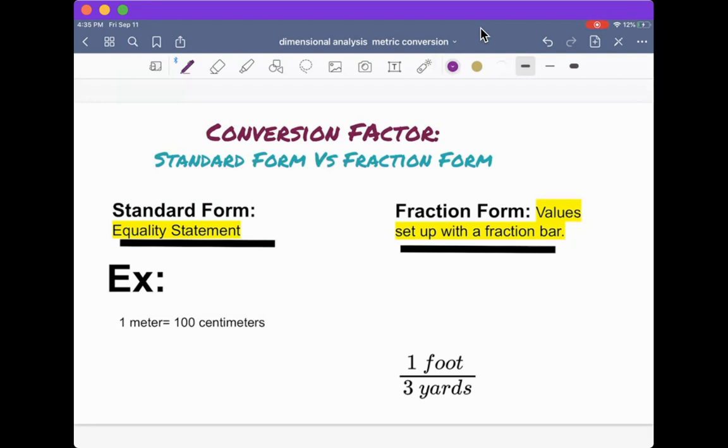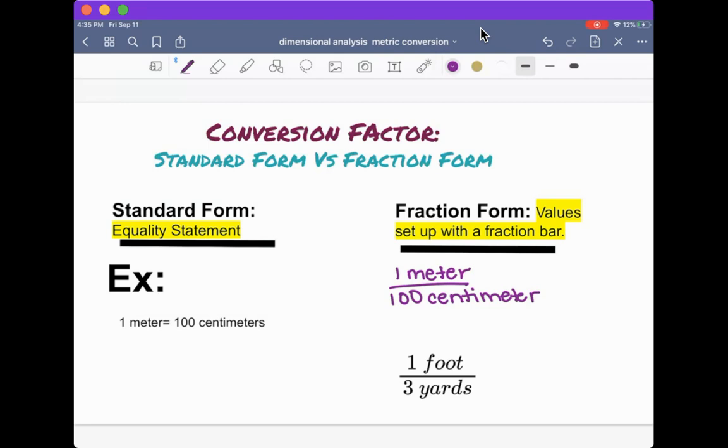So I can take that equality and I want to be able to set it up in its fractional form. So I could write it as 1 meter in the numerator over 100 centimeters in the denominator.